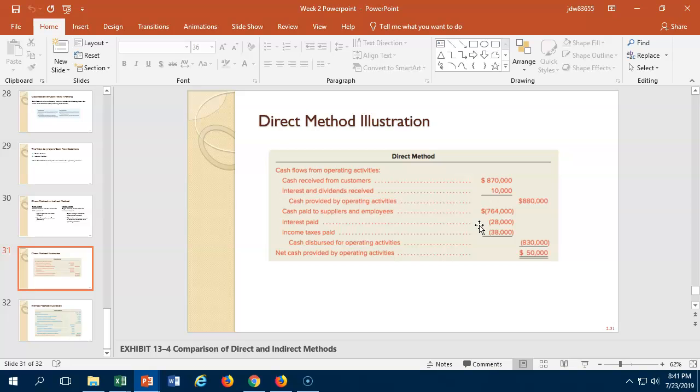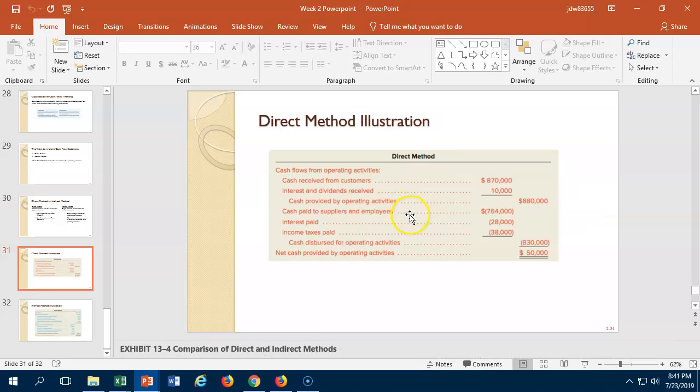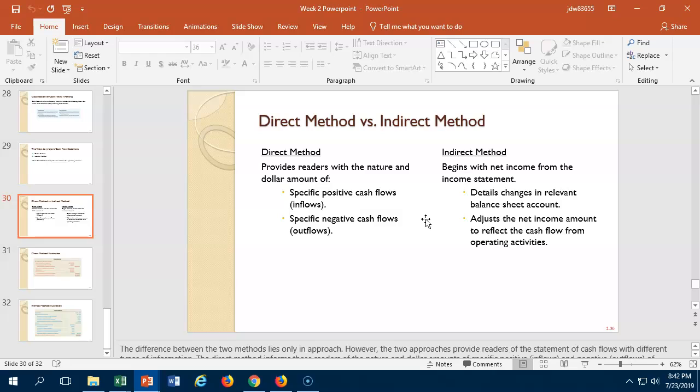The slides I have in week 2 have some good slides also, in addition to the textbook. Here's the trick to understanding indirect versus direct. Indirect always starts with net income at the top.